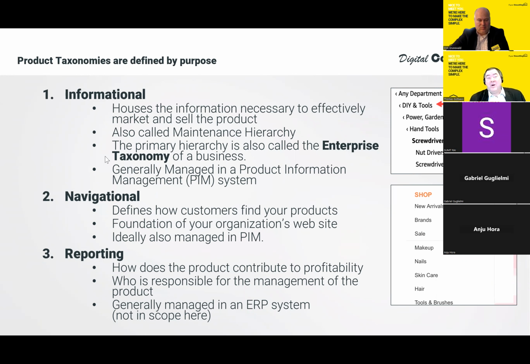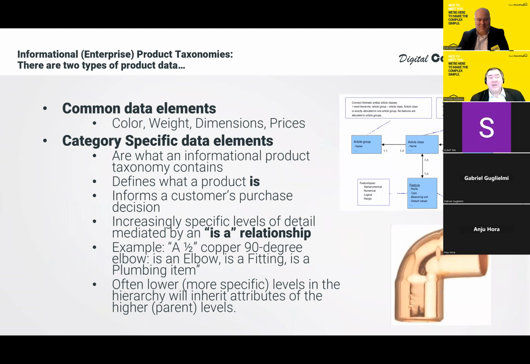Most large distributorships or retail organizations have product or category managers, or sometimes both. And these are generally maintained more in your ERP system than in a product information management system. So we're not going to really talk about that too much, but that could be a topic of a future webinar. So if we can get the next slide, please.